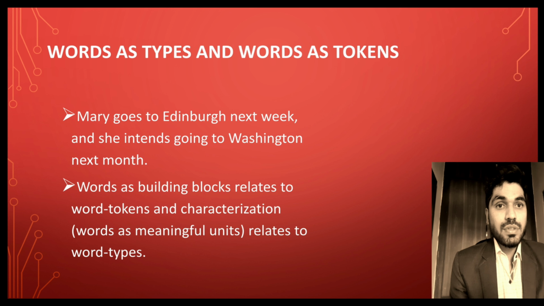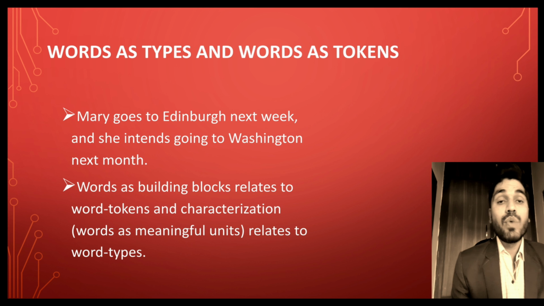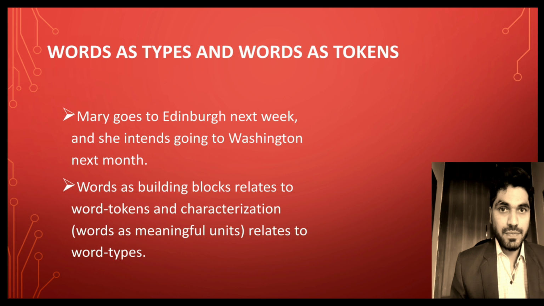And the 5th and 13th words are the same. Two words have been repeated one time each. What does this mean? It means that these are not 14 but 12 words. So the idea is that we do have 14 tokens but 12 types.